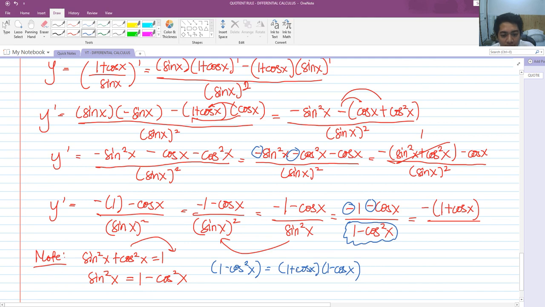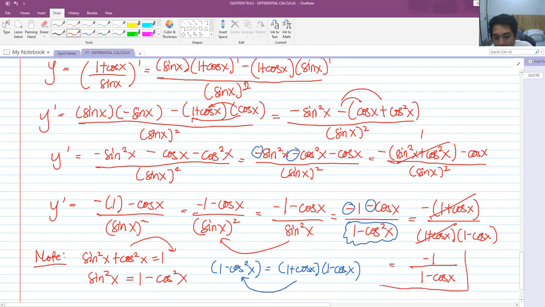So if you FOIL that, you will be having this. As you can see, we can now cancel 1 plus cosine of x with 1 plus cosine of x, leaving the numerator as negative 1 all over 1 minus cosine of x. And that would be our final answer for this problem.